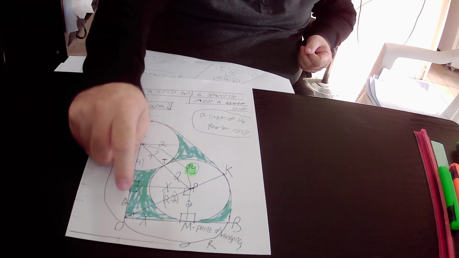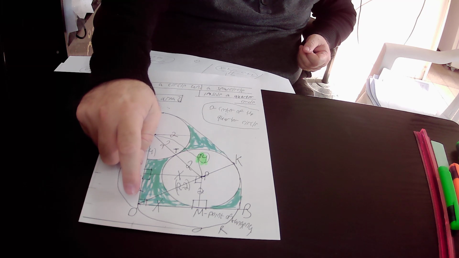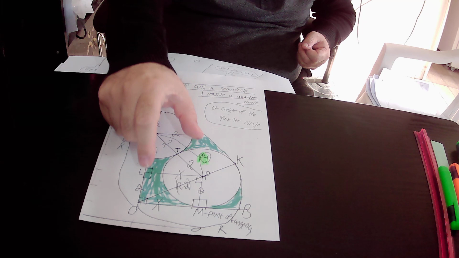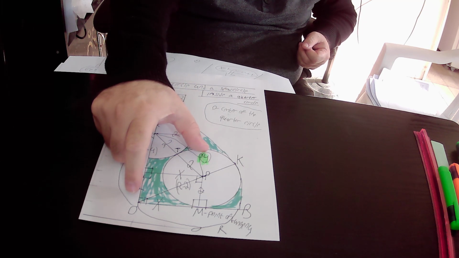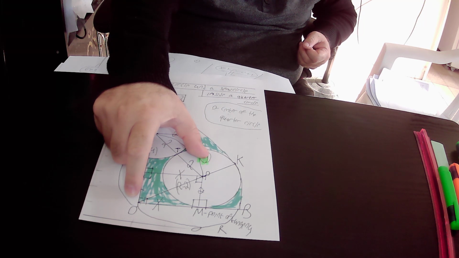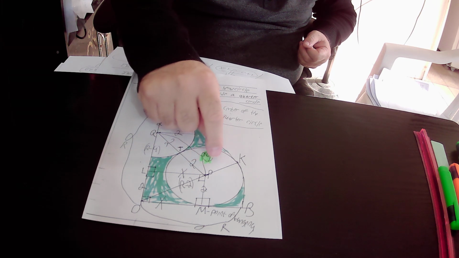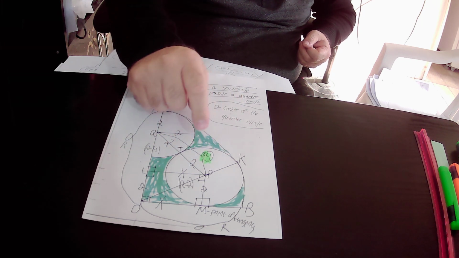So here, point O is the center of the quarter circle. Point P is the center of the circle, and the straight line that joins the centers together is the straight line PO. According to the rule that I mentioned, the straight line PO must pass through point K, their touching point.